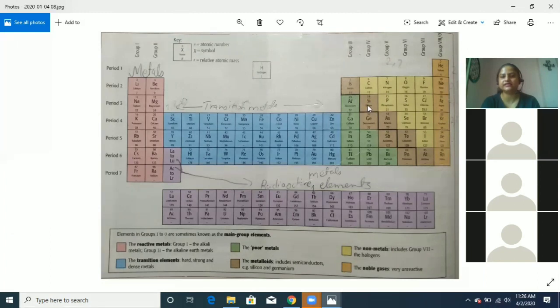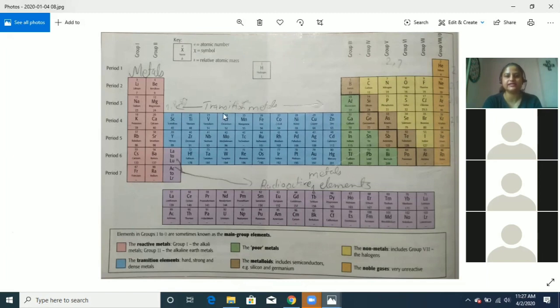Then silicon is similar to carbon, then phosphorus, sulfur, chlorine, argon, K potassium, Ca calcium, then Sc scandium. Scandium, the 21st element, and aluminium have different properties. That's why scandium is not kept below aluminium.